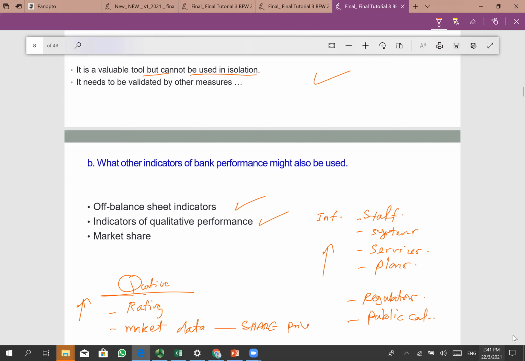So if the financial ratios go up, all qualitative indicators should go up, whether they are internal, as I said, or external. And this, we call it validation, which means they validate the financial ratios. Okay, so this is the whole thing. So yes, it's good, but it's not enough. So you have to have other information, and the other information is 1, 2, and 3.